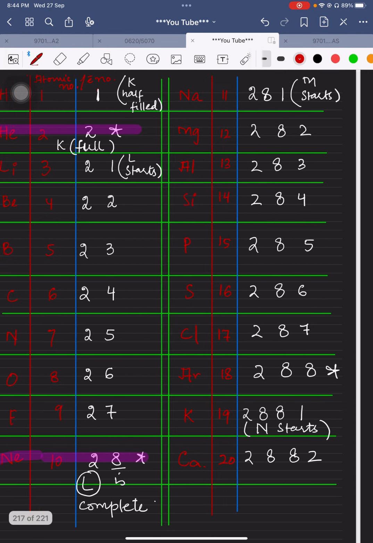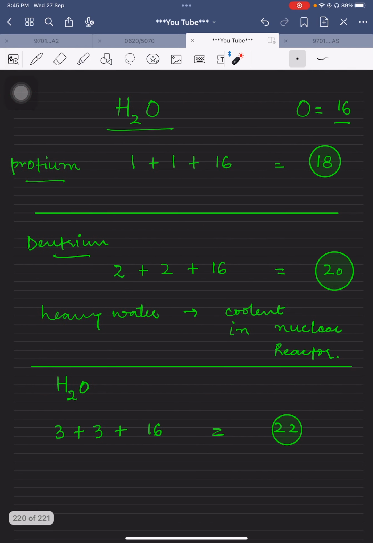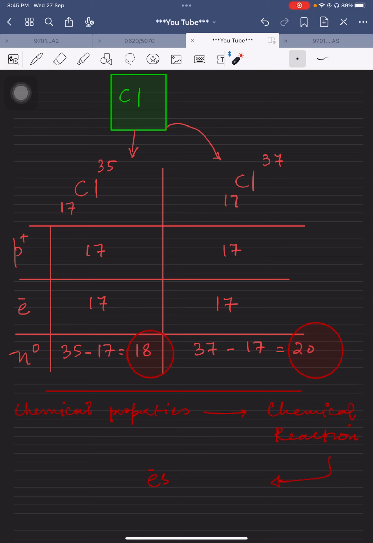What is the meaning of the outer shell here? I have discussed with you in the electronic configuration topic that these are the electrons in the first shell, these are the electrons in the second shell, whereas these are the electrons in the last shell, I mean the outermost shell. So when we are talking about chemical reactions, we must say that chemical reactions are based upon the outermost shell electrons only.